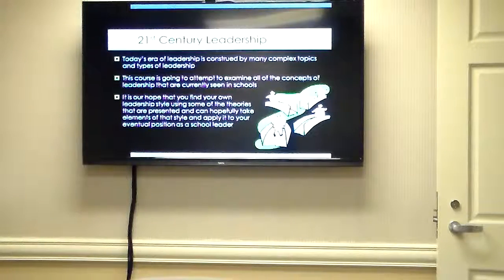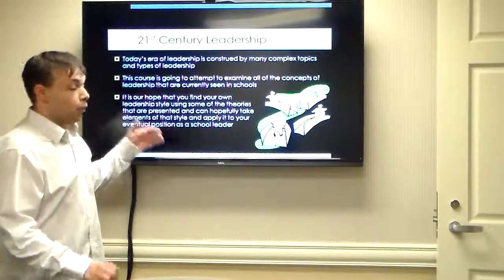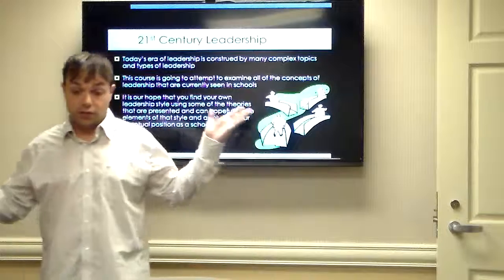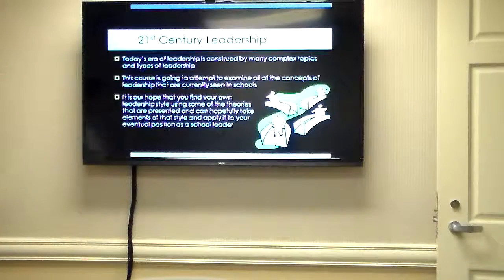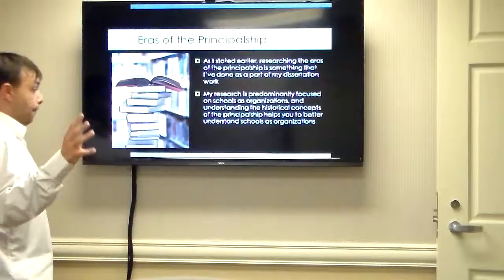So 21st century leadership, basically this is saying that there's lots of different types of leadership and you're going to find one in this course that matches your own definition of leadership. We need to realize that leadership is complex. There are different ways to look at it, and some of these styles need different interpretations. So I've done eras of researching the principalship.